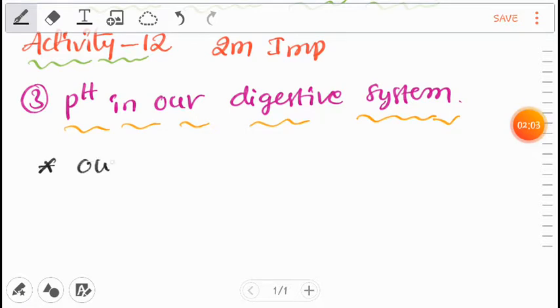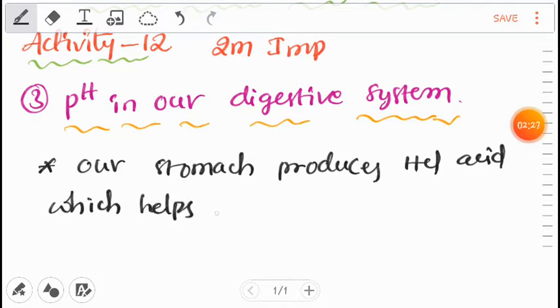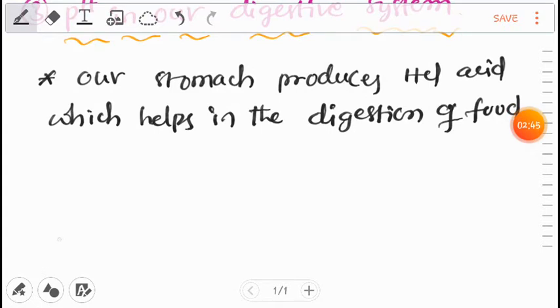Our stomach produces HCl, an acid. What is the use of this? It helps in the digestion of food. This is the use of HCl.